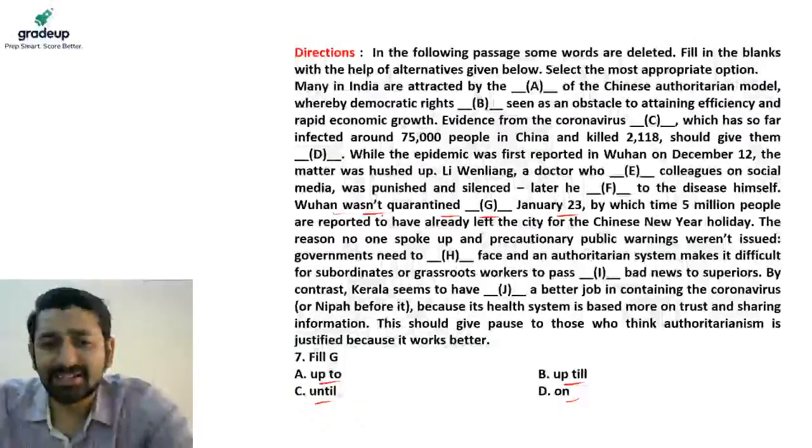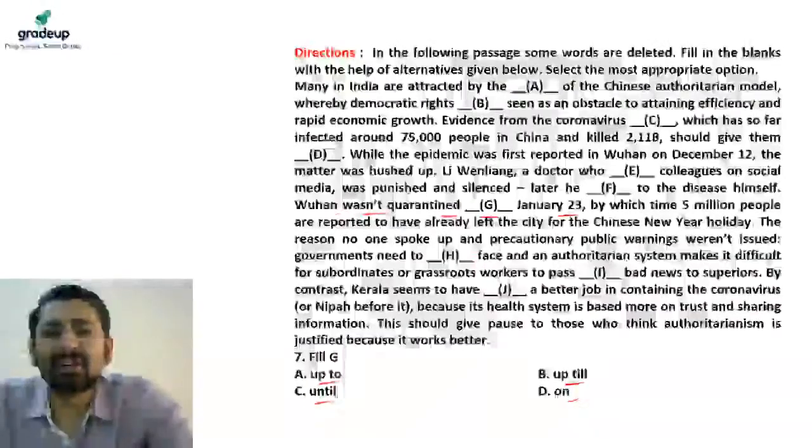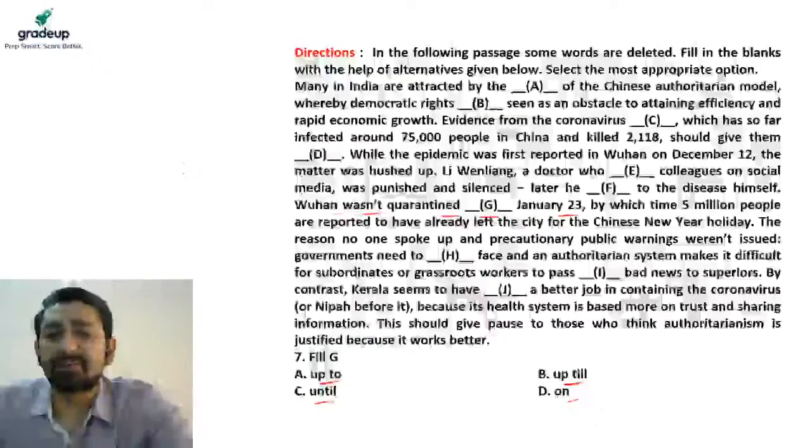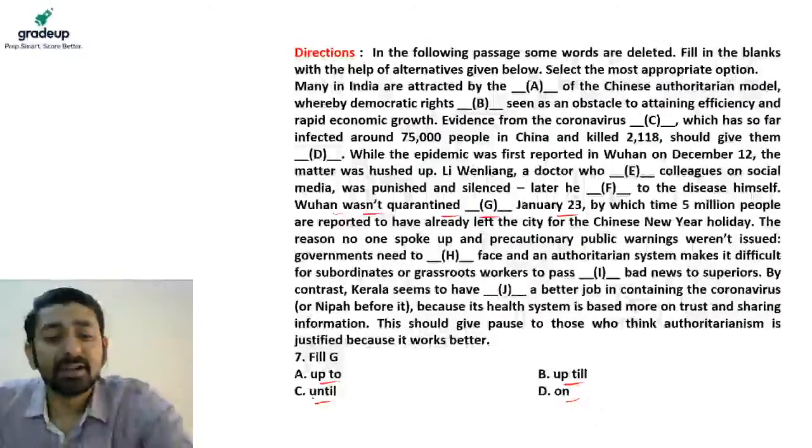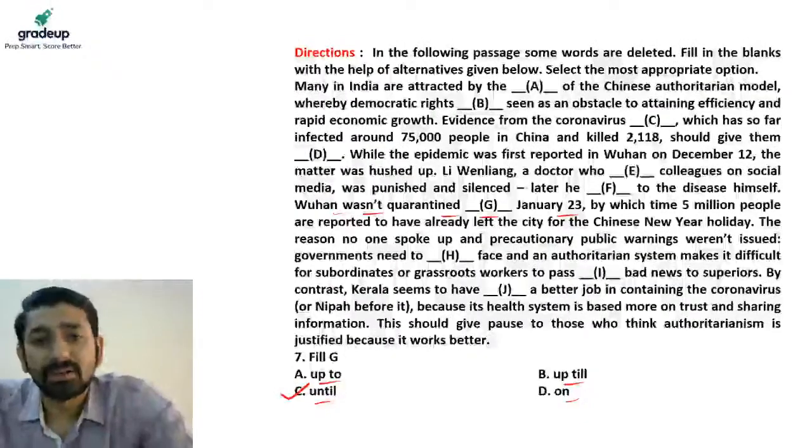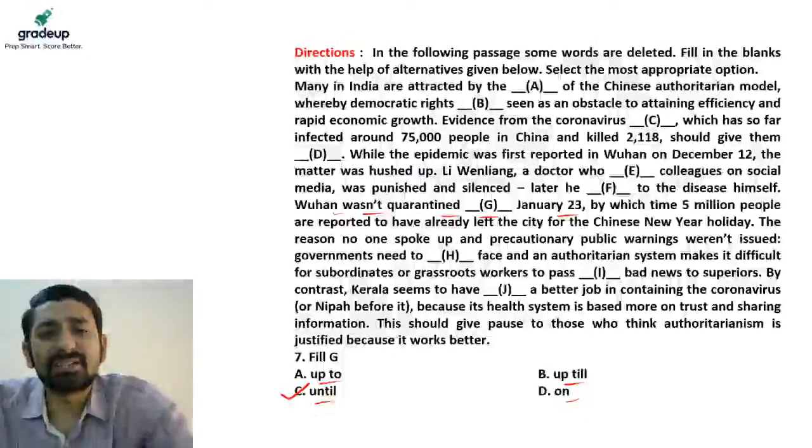Let's read this sentence G. It says, Wuhan was in quarantine dash January 23rd, by which 5 million people are reported to have already left the city. Even if you did not have the options, you could have guessed Wuhan wasn't quarantined until January 23rd. Whenever you talk about a date, you always say until.